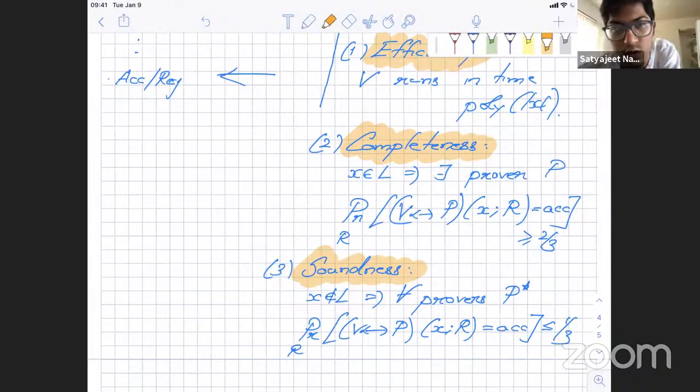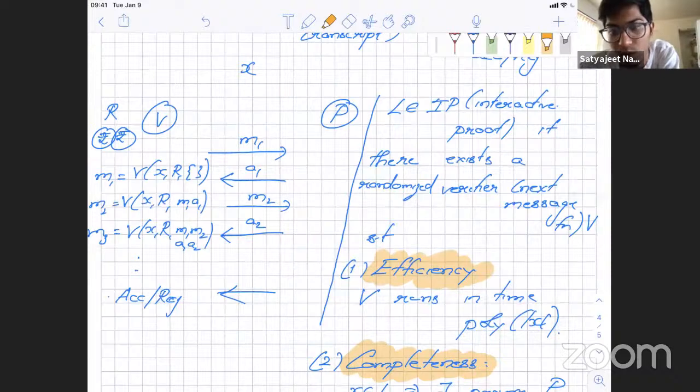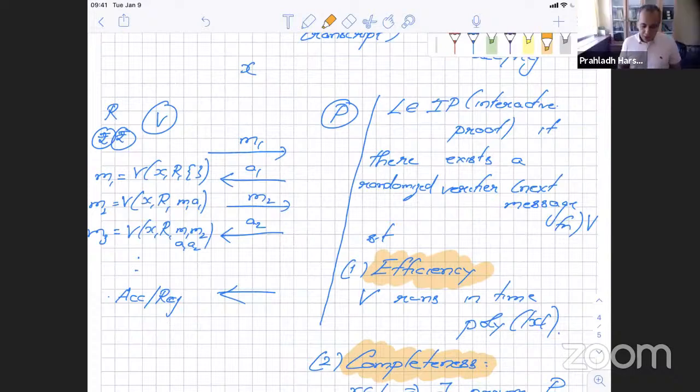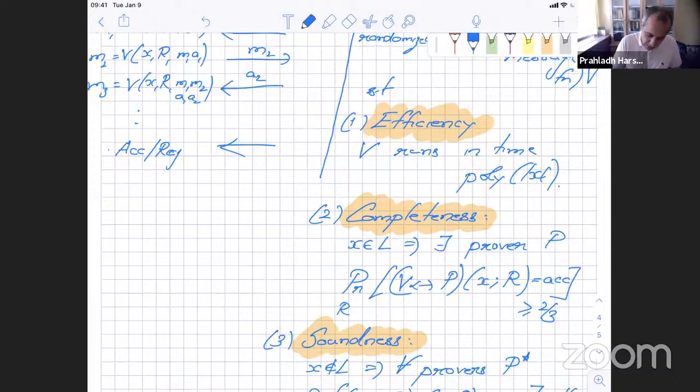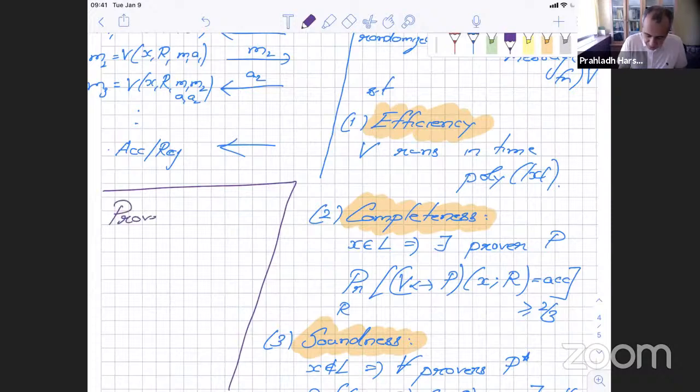Could you just go up a bit? What does "there exists a prover" mean? Like there exist these M1, M2? No, what does there exist a prover mean? I was a bit sloppy about that, so let's say what it means. A prover is also a next message function.